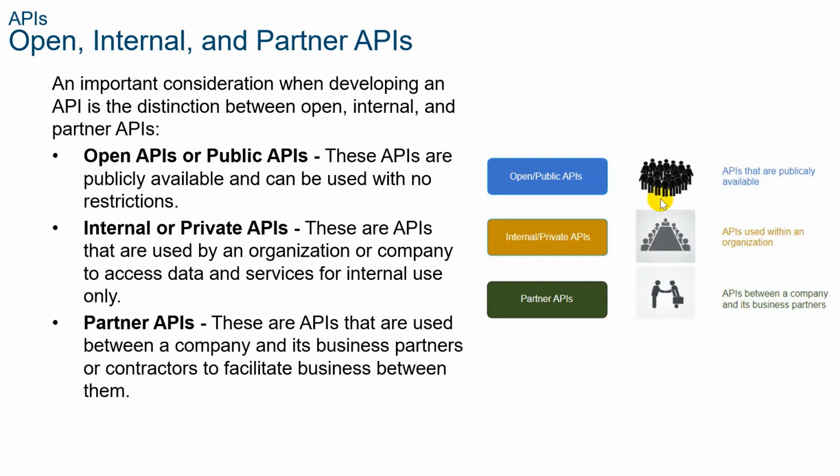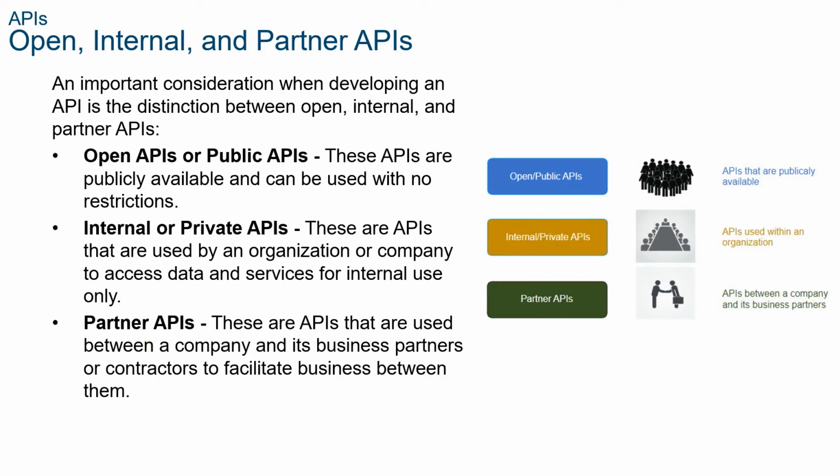The next one is internal or private APIs. These are APIs used by an organization or company to access data and services for internal use only. An example of an internal API is allowing authorized salespeople access to internal sales data on their mobile devices. And the last one is partner APIs.